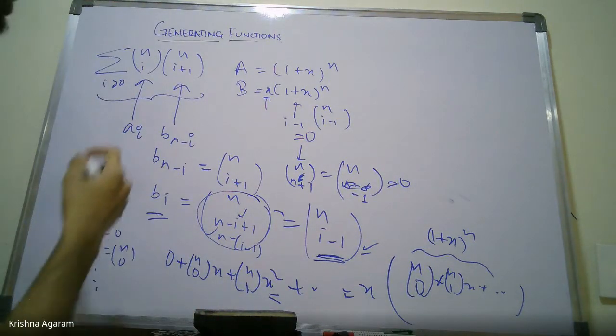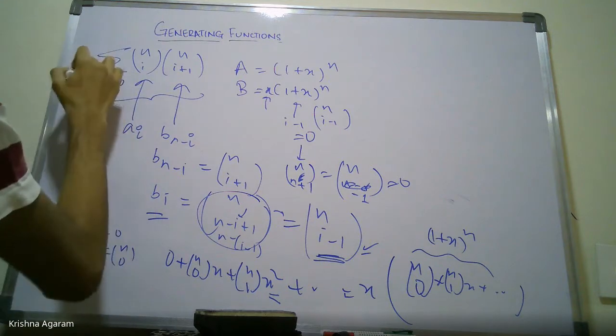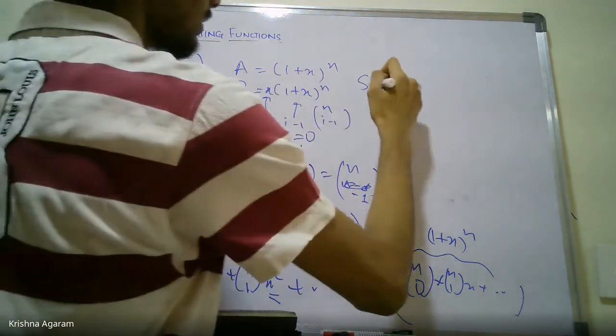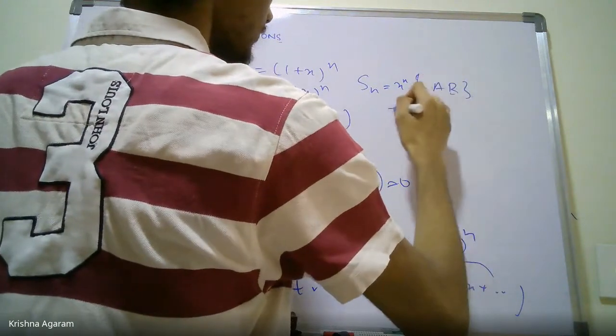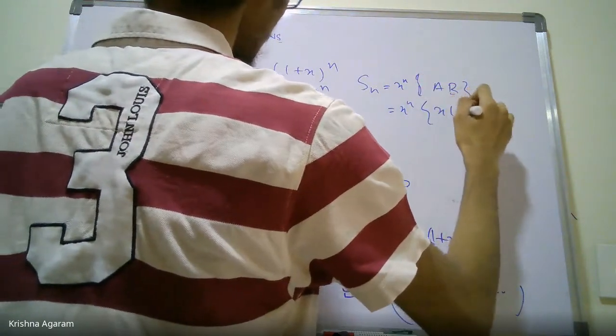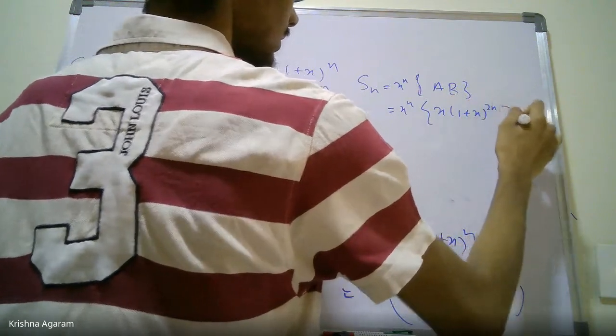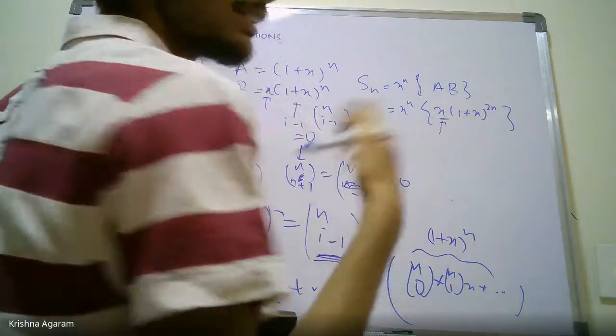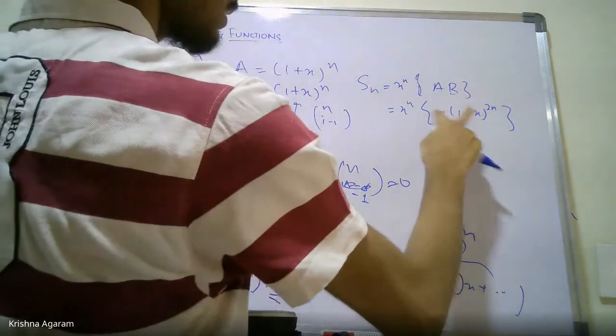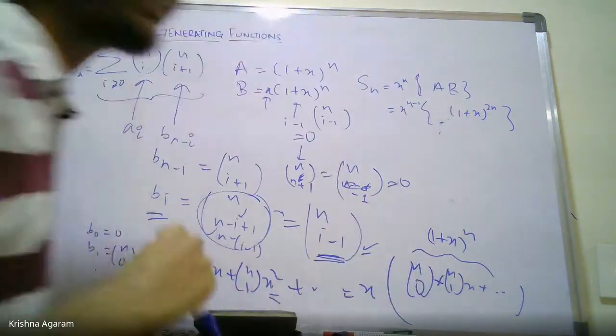Okay. So now this summation Sn is just the coefficient of x to the n in AB, which is the coefficient of x to the n in this. So anyhow, everything multiplies by x, so you have to take 1 from here. So this is kind of an obvious property that I can remove the x from here and write a minus 1 here.